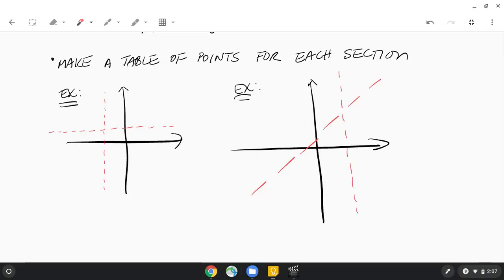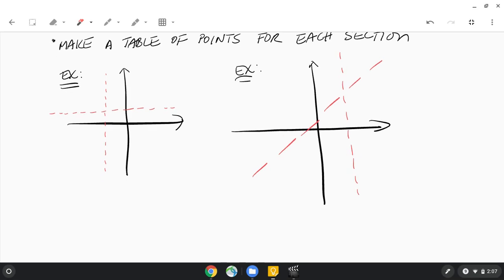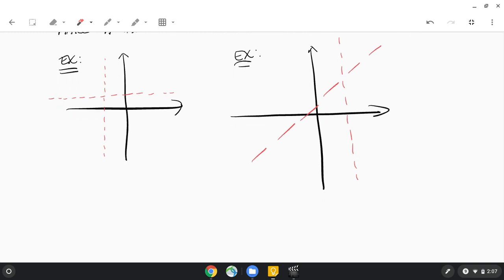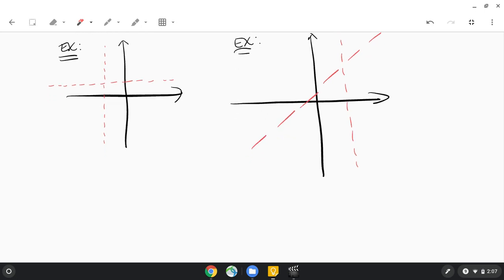Okay. So again, you can't have both a horizontal and a slant. That's why I erased that there. And again, you'll see why in a minute. Okay. So these are just some examples of different scenarios with your asymptotes.